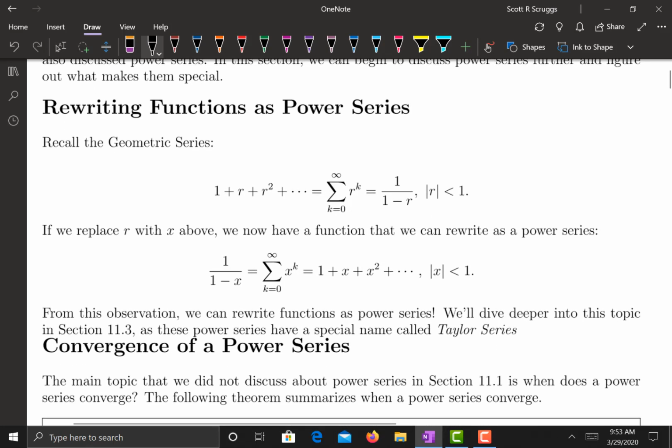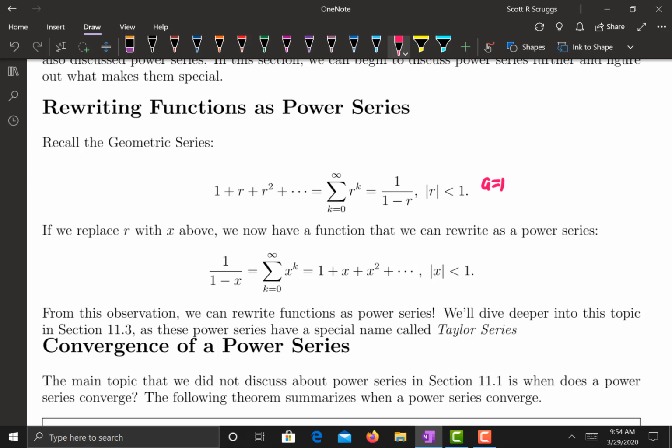The first observation that I want to make is something about our geometric series. Recall that our geometric series tells us that the sum from k equals 0 to infinity of r^k equals 1 over 1 minus r, where the absolute value of r is less than 1. The reason I don't have an a is because my common factor a is 1.